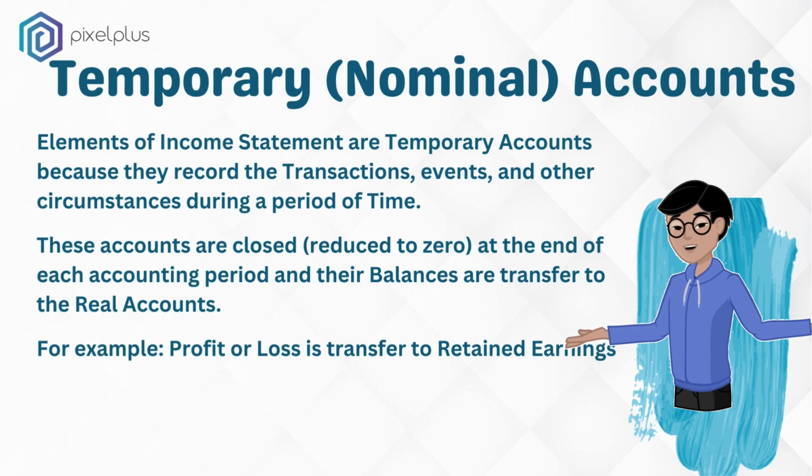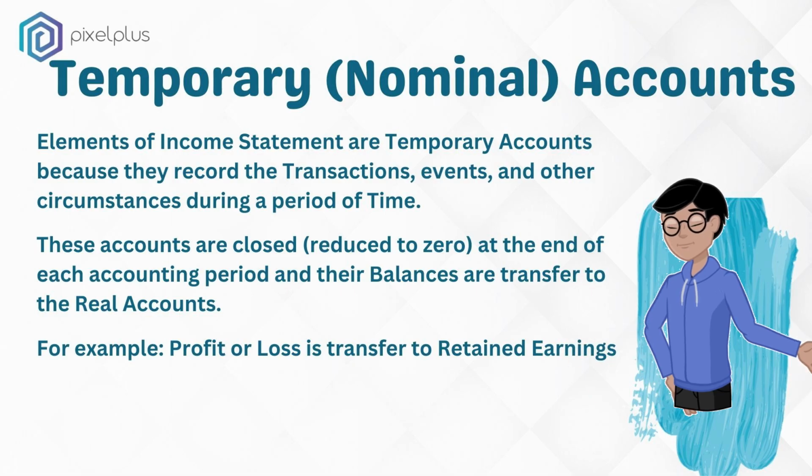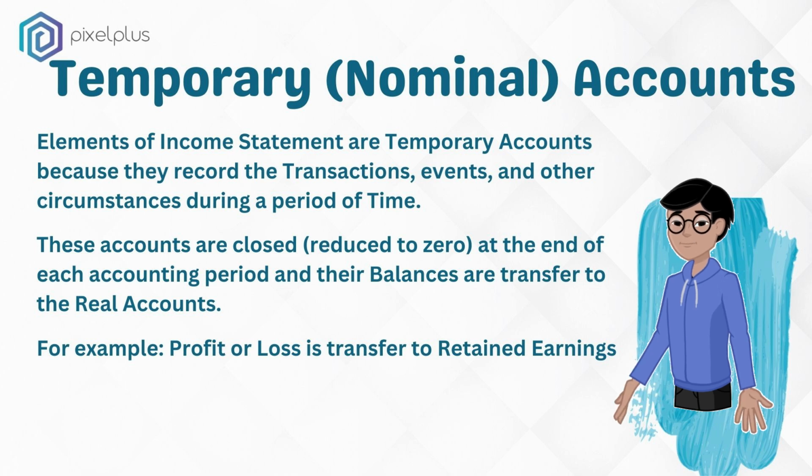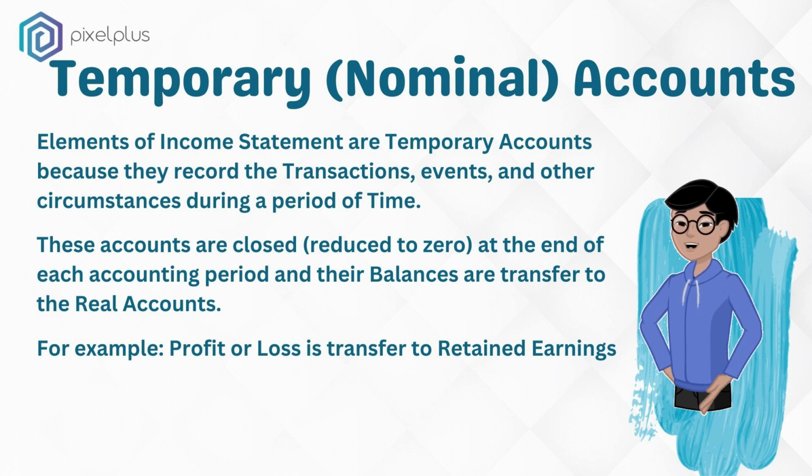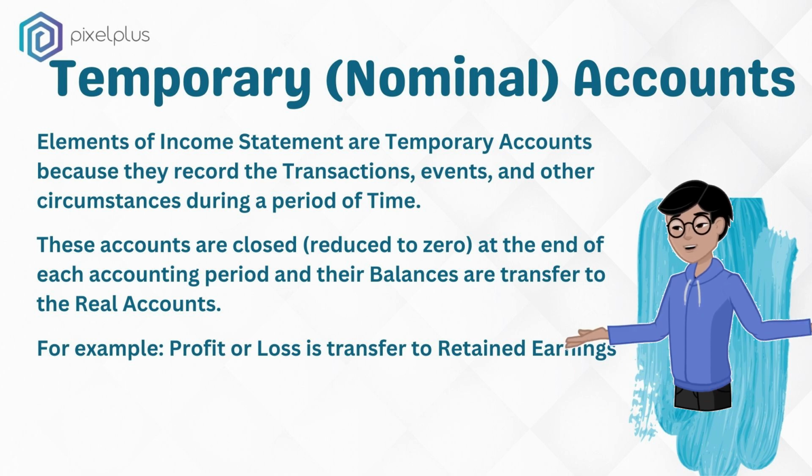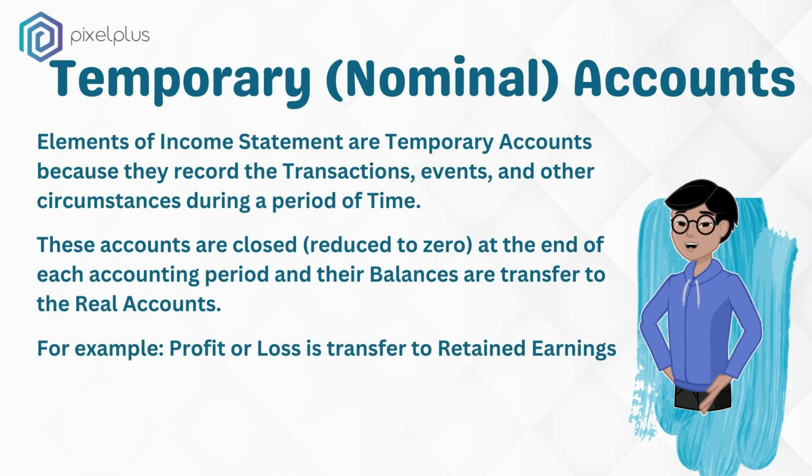When we were discussing the balance sheet, we said that the balance sheet accounts are the permanent or real accounts. The accounts that we are dealing with in income statements are temporary accounts, also known as nominal accounts.